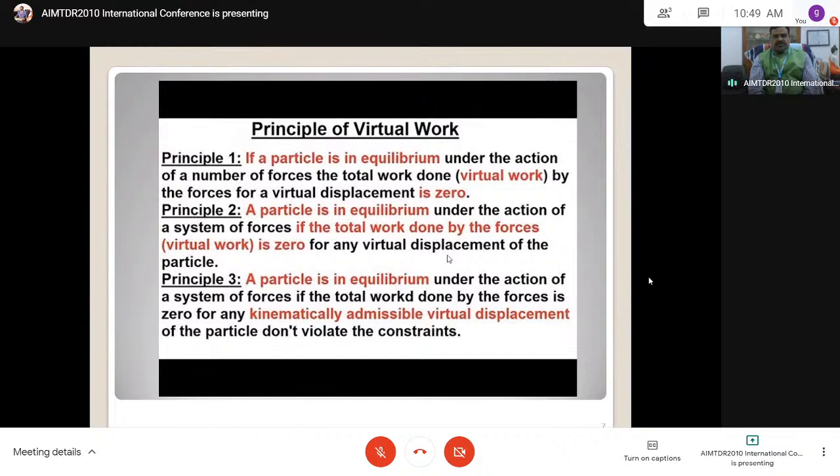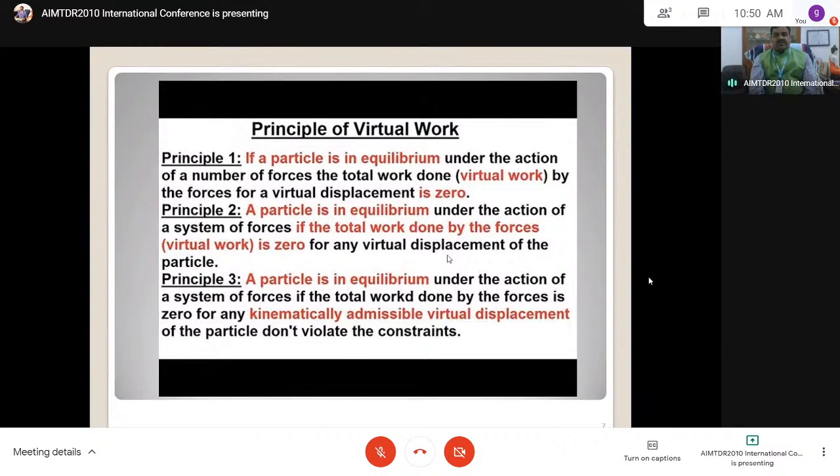Sometimes in a particle also a system of forces is acting. But there we can consider the point, because to calculate work done, a force requires three parameters: the magnitude, the direction and the point of application. To calculate the work done, the point of application is very, very important. Force into virtual displacement, from that point only we have to calculate.